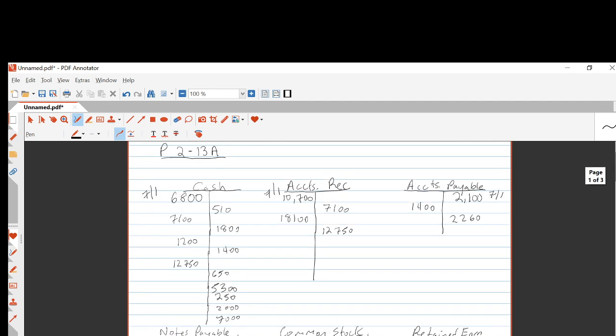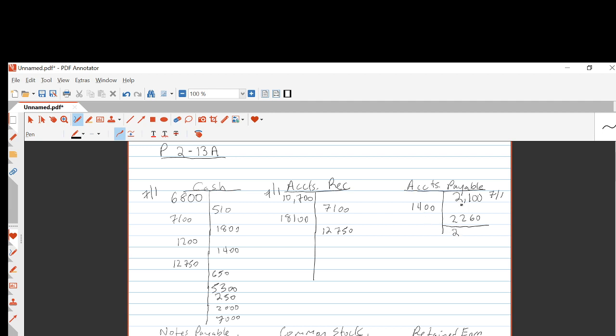Ending balance in accounts payable is, let's see, 2,100 plus the 2,260 minus the 1,400. So this is 4,360 minus 1,400. Well, if it was 4,400 minus 1,400, then that would just be 3,000 left.